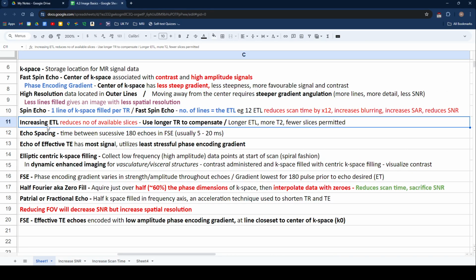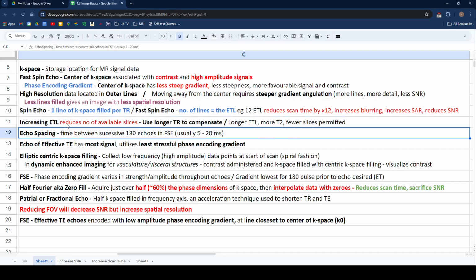If you increase your echo train length, you're going to reduce the number of available slices. So you need longer TRs to compensate. So with a longer echo train length, images will become more T2 and fewer slices are allowed. So the available number of slices is reduced with a longer ETL.